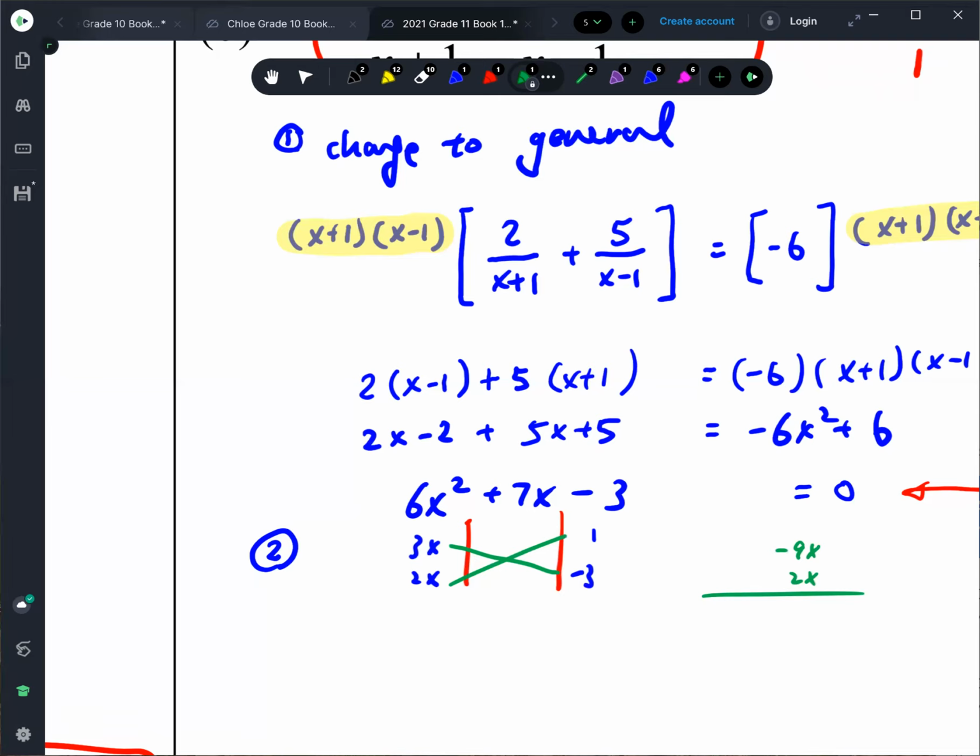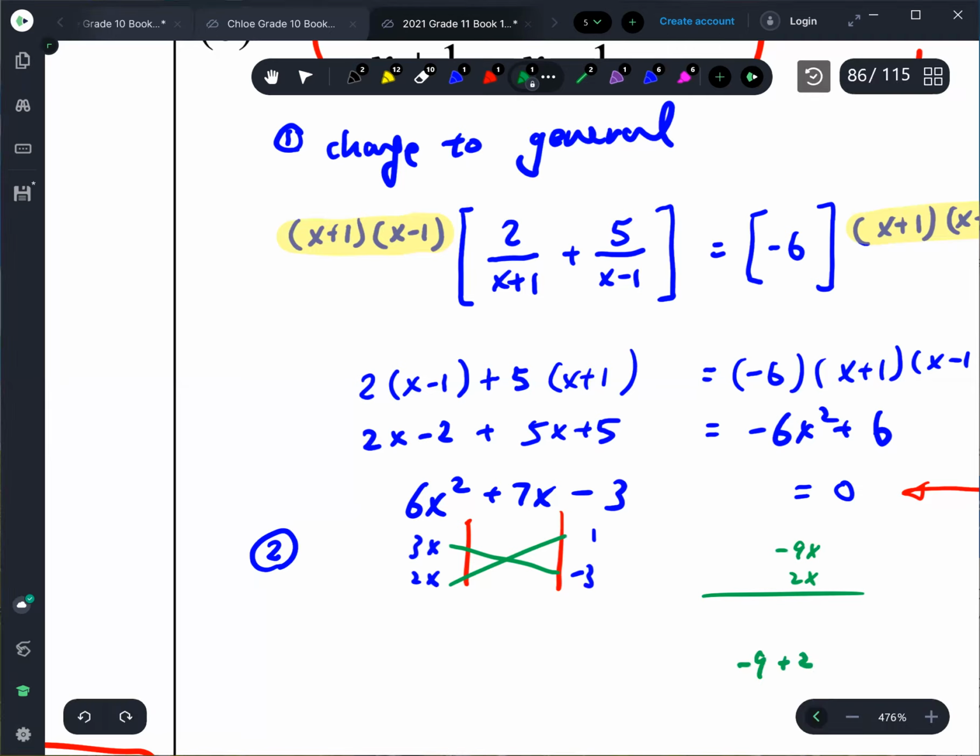What do they add up to? Because negative 9x plus 2x, you can just think of that as subtraction. Negative 9 plus 2, right? Oh yeah, sorry, it's negative 7. My bad. Okay, so that's not what we want, right? But we're pretty close, right?